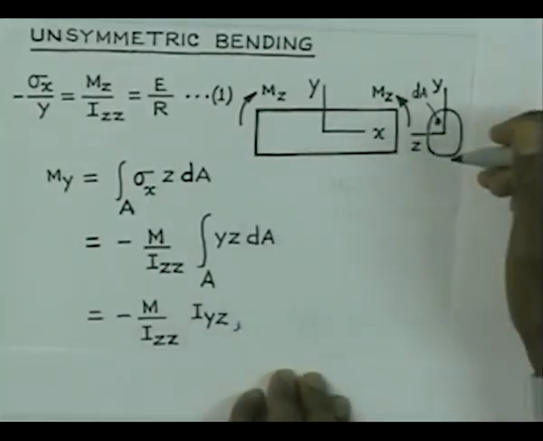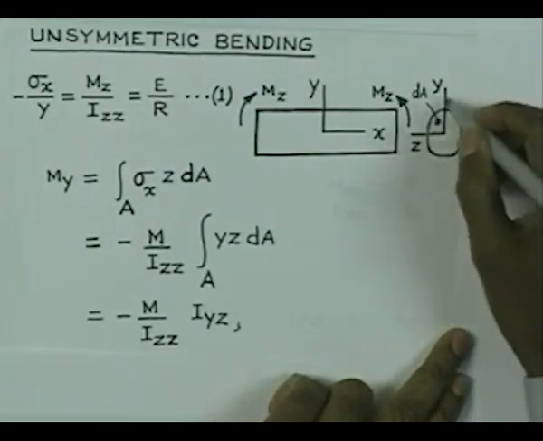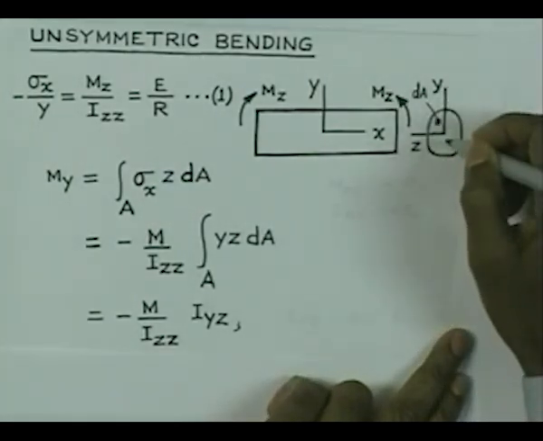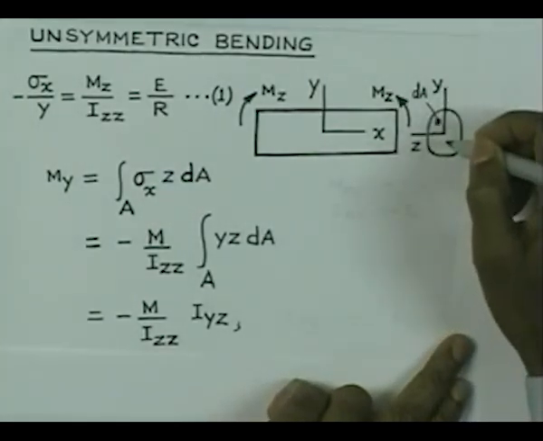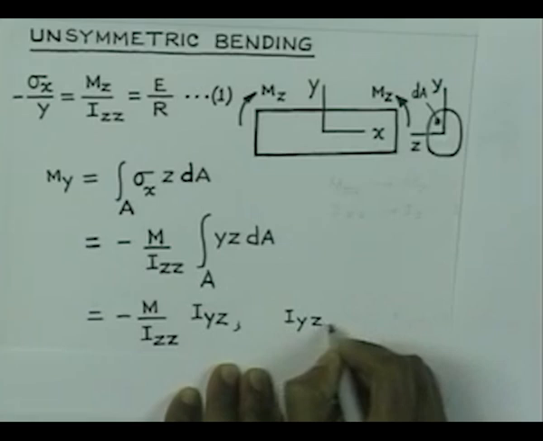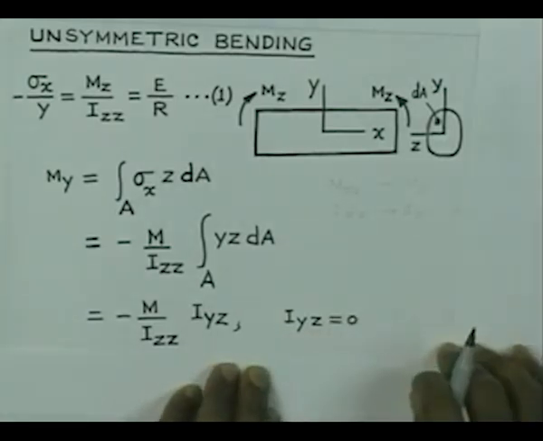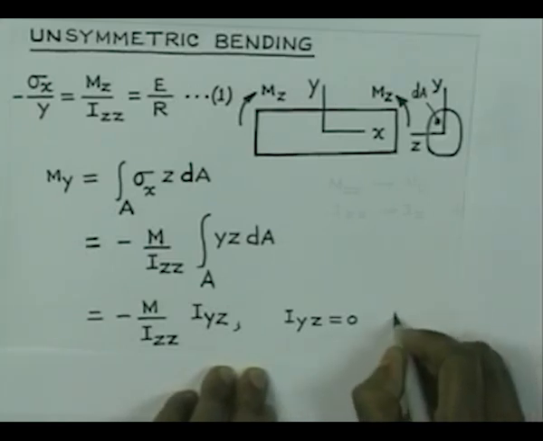We assumed in the derivation of this flexure formula that y axis is an axis of symmetry, thereby meaning that this product moment of inertia Iyz is equal to 0. So, that was the underlying assumption in arriving at equation number 1.